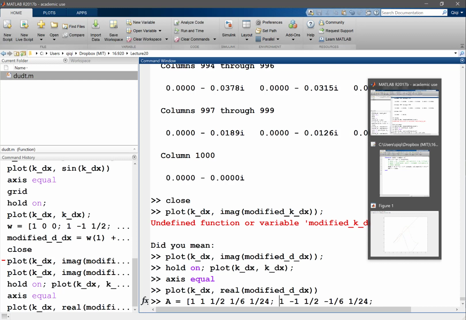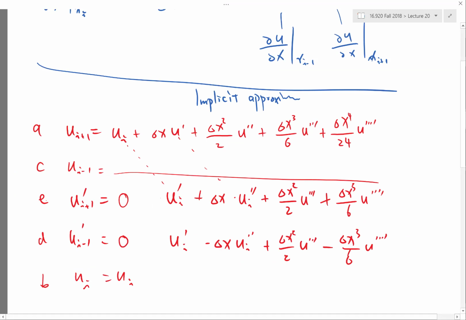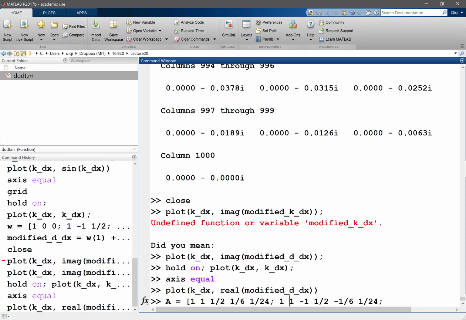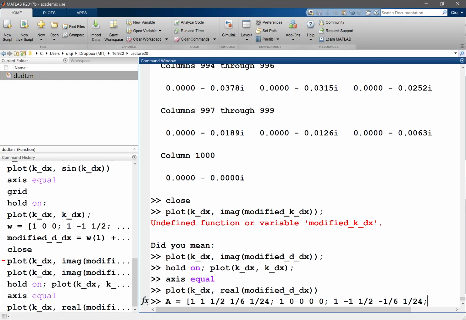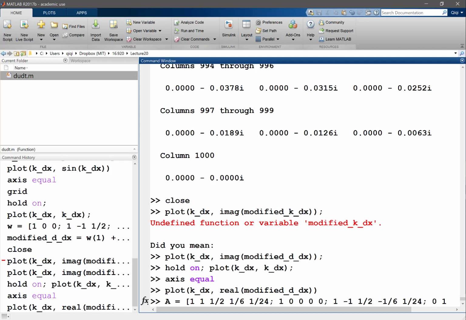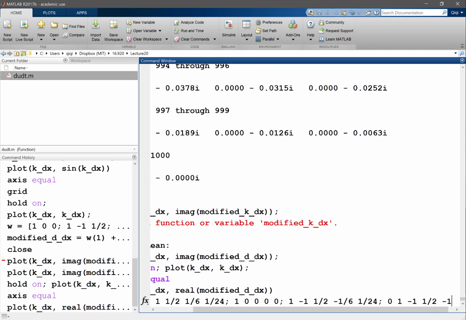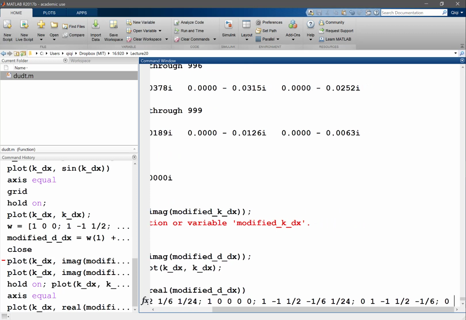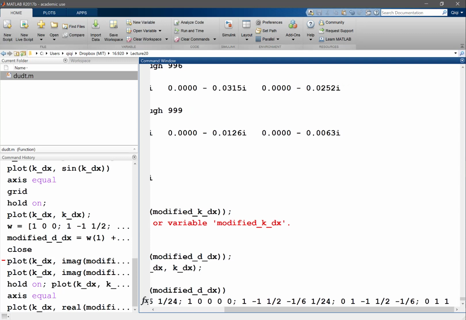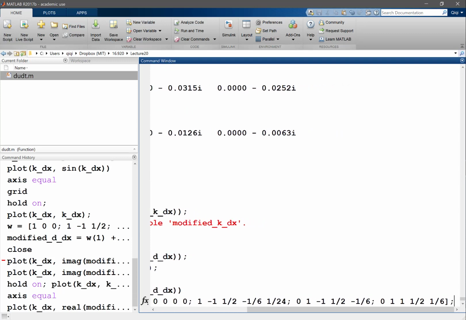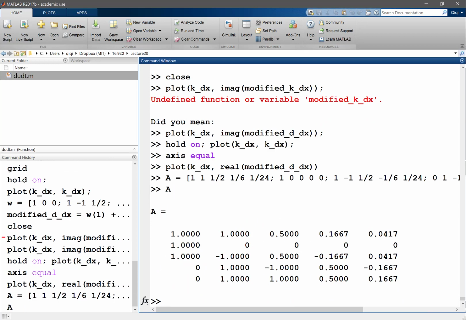Actually, sorry, the second line corresponds to ui, B is actually ui. So the second line is 1 0 0 0 0. And the third line is this. And the fourth line starts to be the derivatives: 0 1 minus 1 half, minus 1 sixth. The last line is the same as the second last line, but with all plus signs. Okay, so that's my matrix.